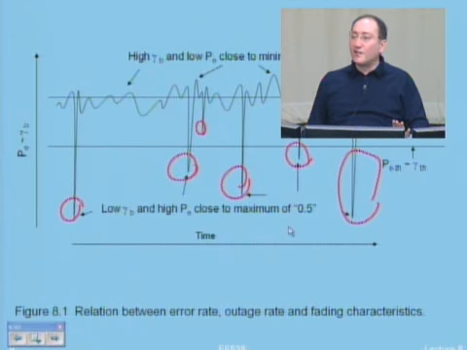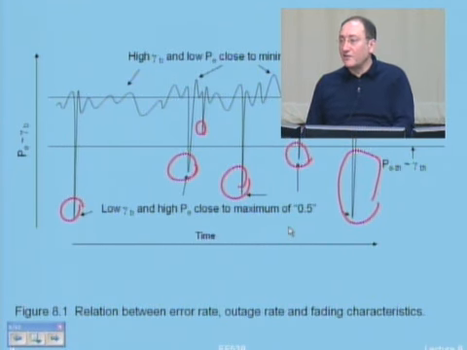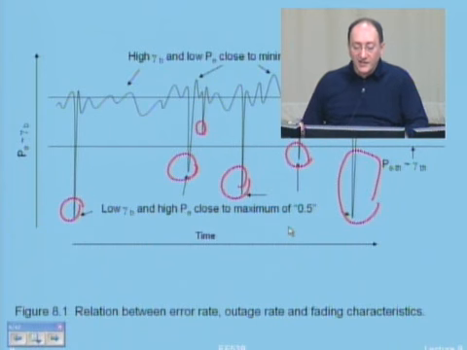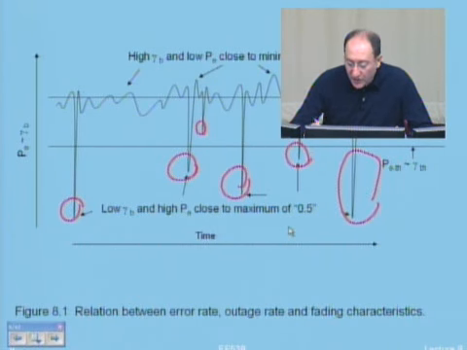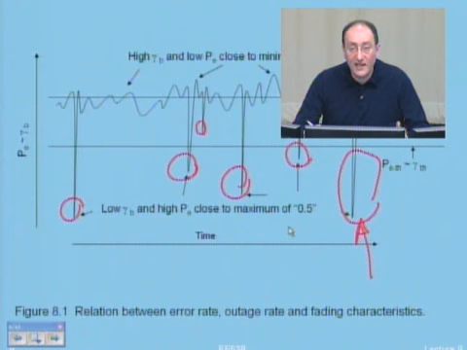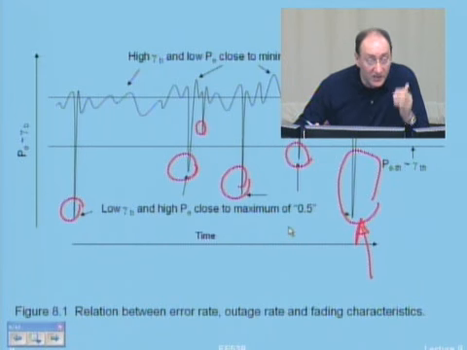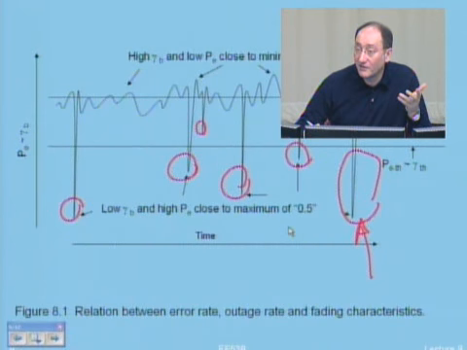Now, I'm sitting here asking for a solution. What is the solution? Based on the intuition that I gave you, obviously, I have to find a way to take care of these fades, meaning that when I go into a fade, I don't make errors. How can I do that? One of the simplest things which comes to mind is to use coding.